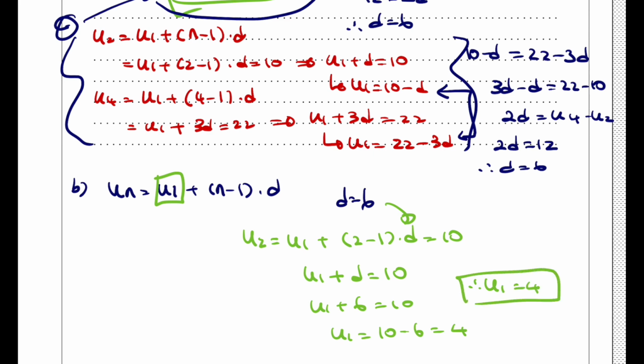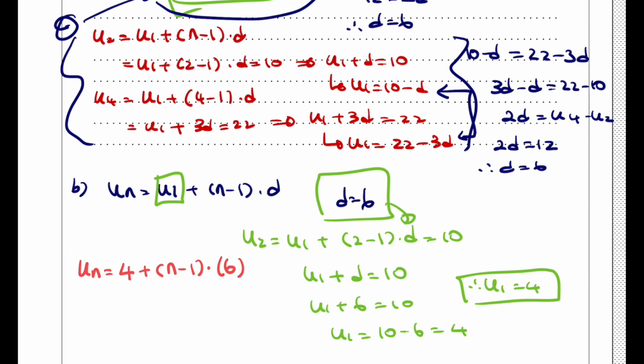Then using this information and also the D value, we can say that the general arithmetic sequence formula for the nth term is Un equals our U1 value, which is 4, plus n minus 1 times 6. And this is your general formula.